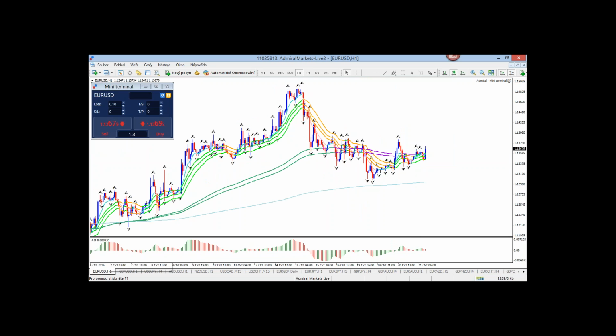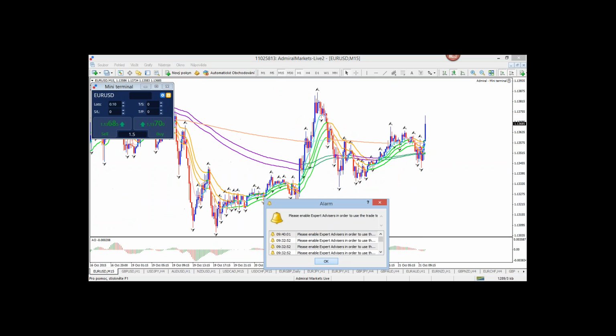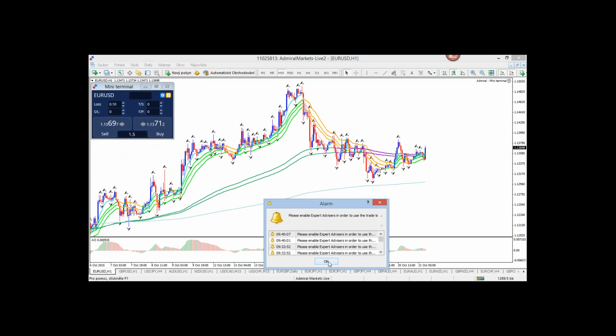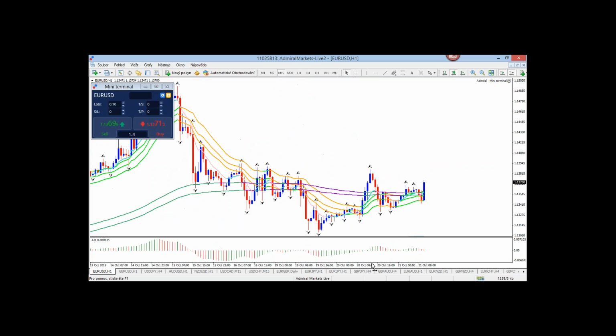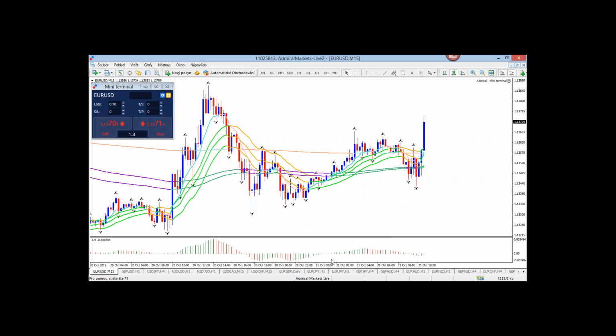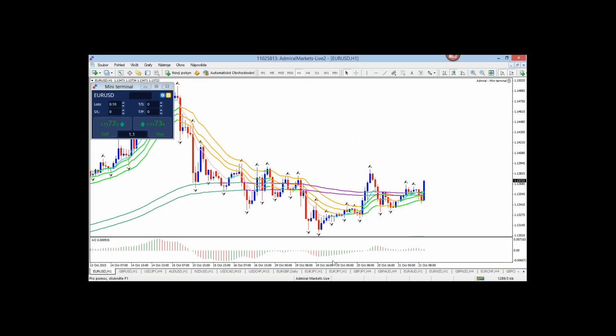So what's happening with the euro dollar? Let's take a look. Seems to indeed get the bounce, and looks like it's about to push above these fractals.